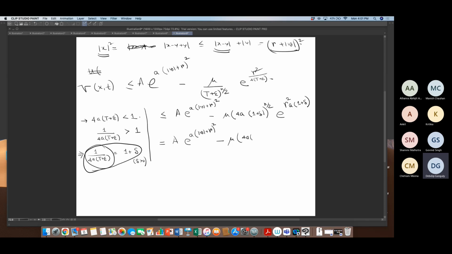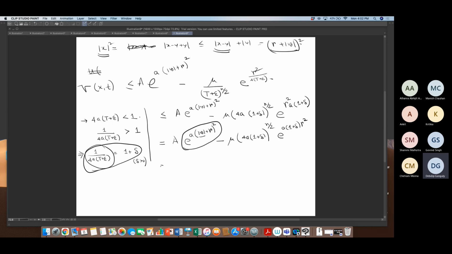Now it's a very important observation. Mu times 4a 1 plus delta to the power n by 2 into e to the power a 1 plus delta into r square. Now you tell me, you fixed y. What is the highest power of r?